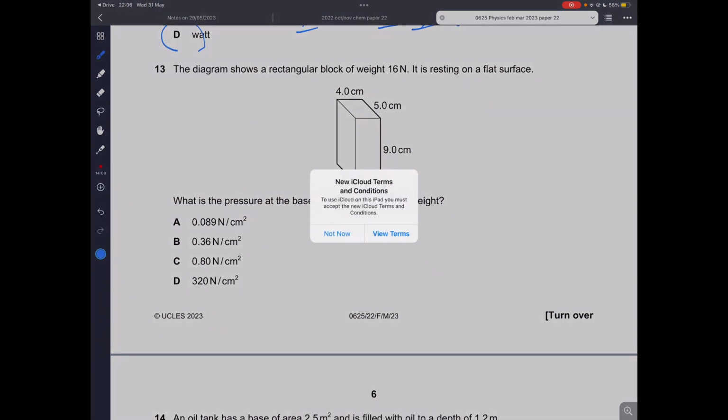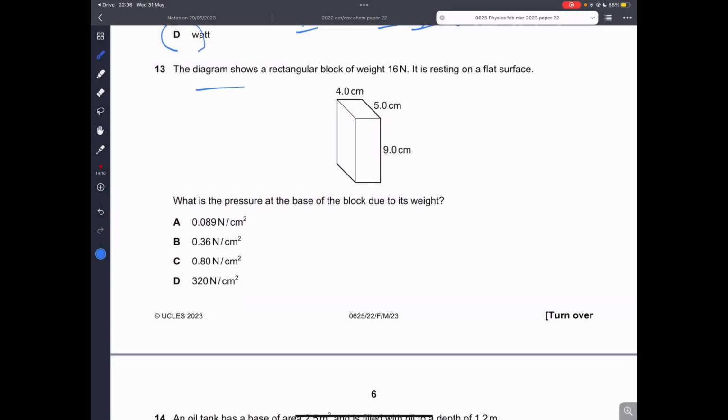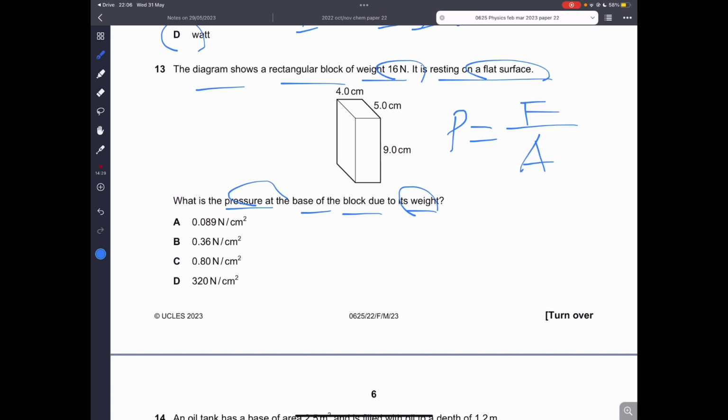13. The diagram shows a rectangular block of weight 16 newtons resting on a flat surface. What is the pressure at the base of the block due to its weight? If we are talking about flat surfaces and solid objects, we have to remember the pressure formula: pressure is equal to force over area. Since it's asking for the pressure, we have to know the area of the base, because it is resting on this flat surface.